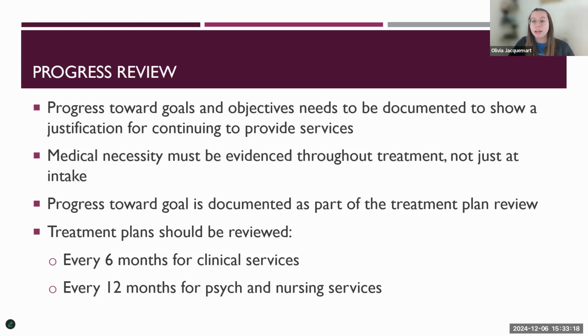Progress towards goal is documented as part of the treatment plan review. And treatment plans should be reviewed per our policy every 6 months for clinical services, every 12 months for psych and nursing services. What we are beginning to recommend as best practice is to review the treatment plan every 3 months or 10 sessions for therapy or TBS.